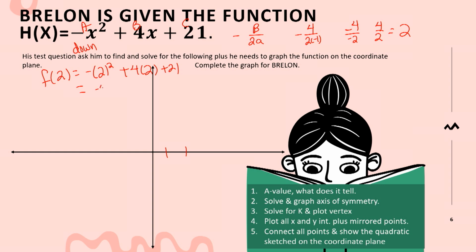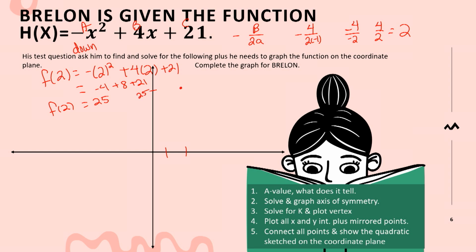I have negative 4 plus 8 plus 21. I'm going to plug that into my calculator. I get 25. So my f of 2 equals 25. So I'm going to come up here and put my vertex.